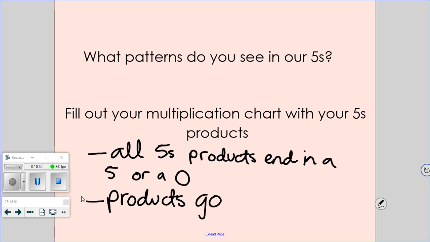So our products go odd and then even. And then odd, and then I'm just going to put ETC, which means so on and so on. Not all the products are odd, and not all the products are even. The ones that end in 0 are even products, and the ones that end in a 5 are our odd products.